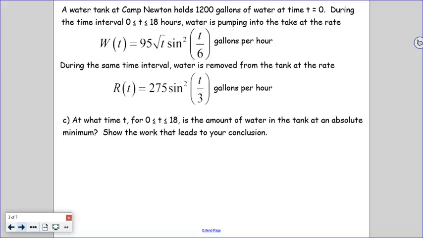Show the work that leads to your conclusion. Where's your calculator?